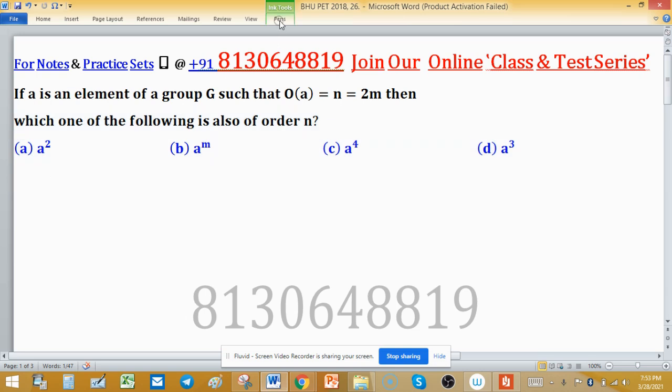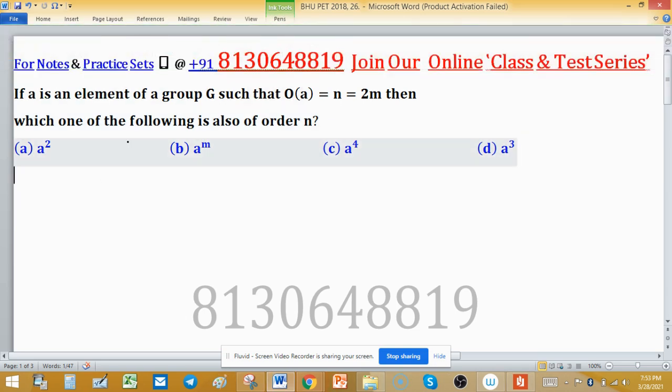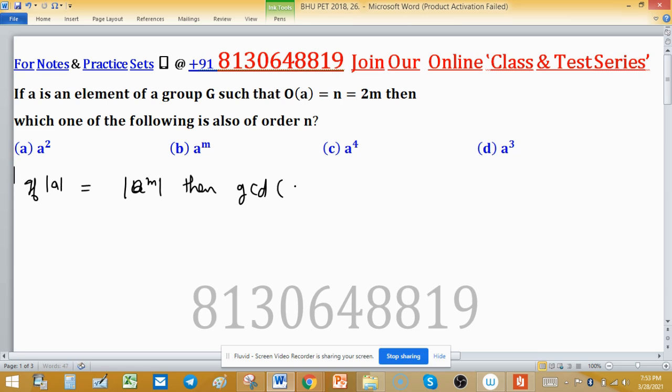We have to find which given element has the same order as A. We know a theorem: if the order of A and the order of an element, suppose B, which is A raised to the power m, are the same, then GCD of the order of A with m must be 1. If these elements have the same order as A, then this condition should be fulfilled.